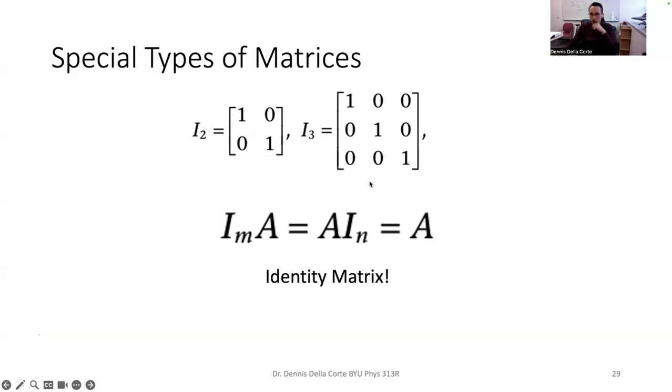So you want to have the same dimensions as the largest dimension of A, and then you just make it square. So the same number of rows and columns with ones on the diagonal. That's the easiest way to do it.